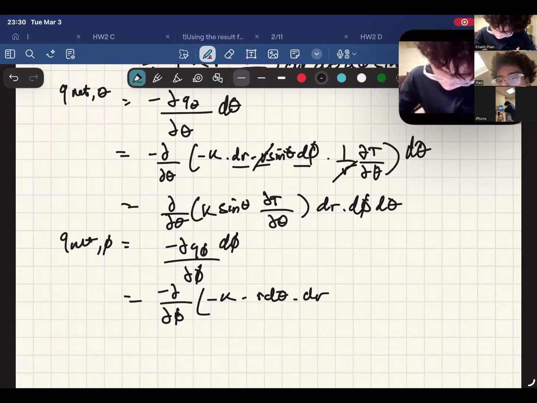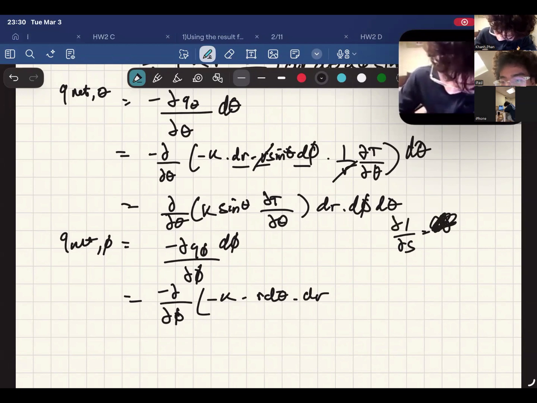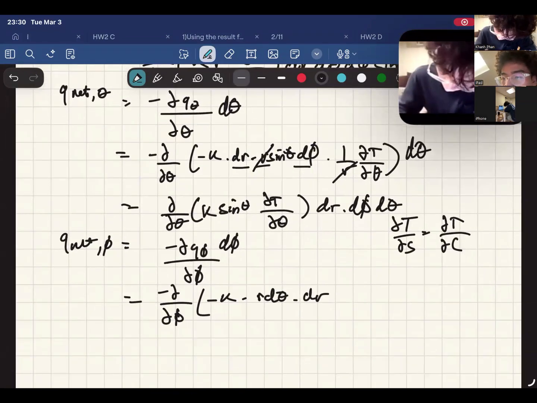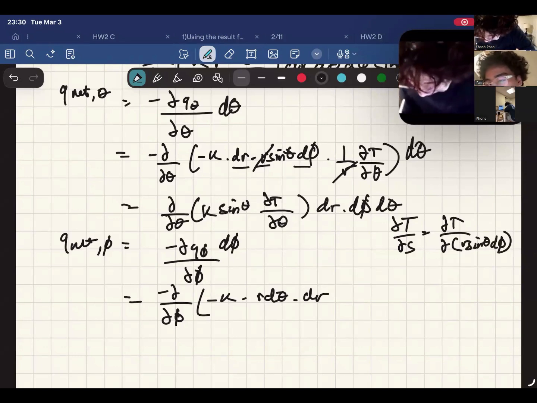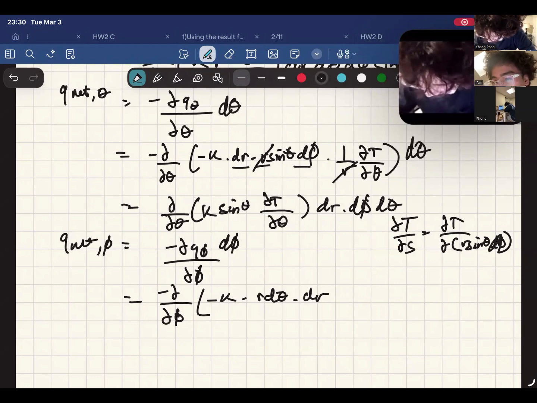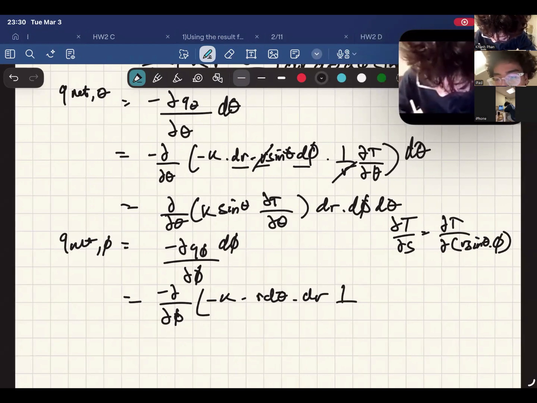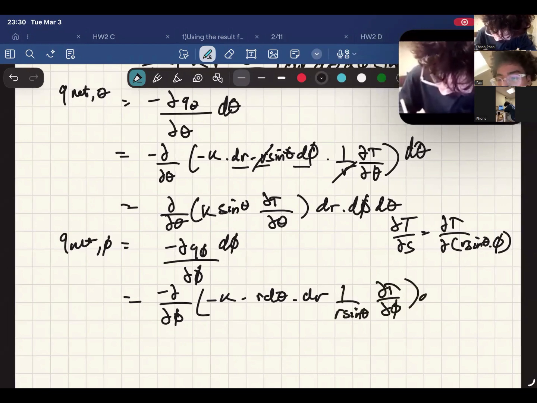So dT over ds, and dT over d phi with r sine theta d phi. So we would have 1 over r sine theta dT over d phi times d phi.